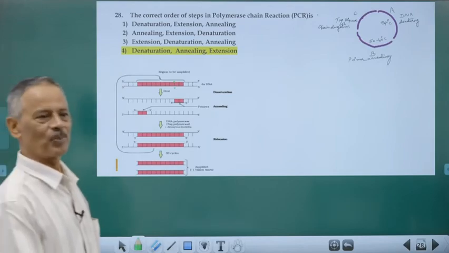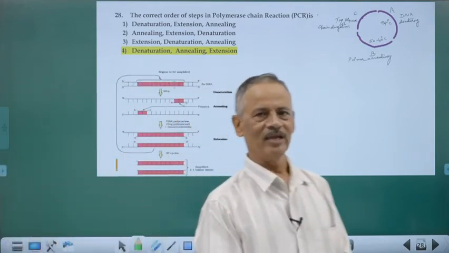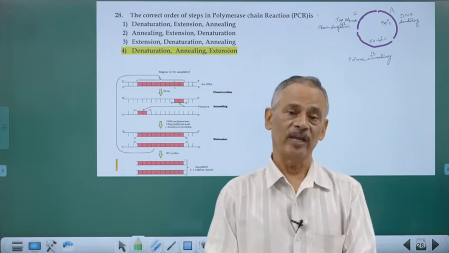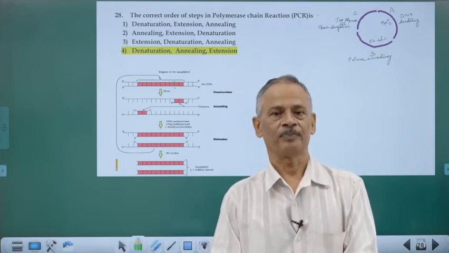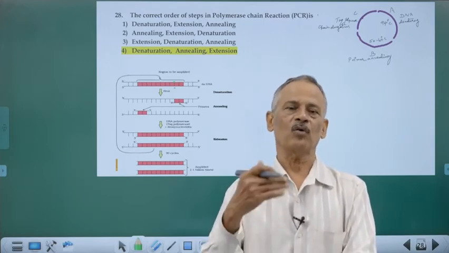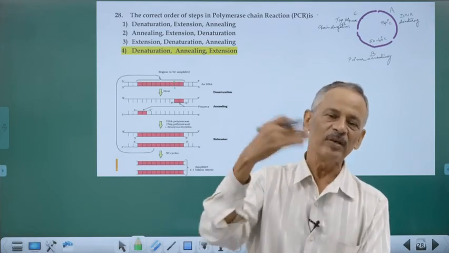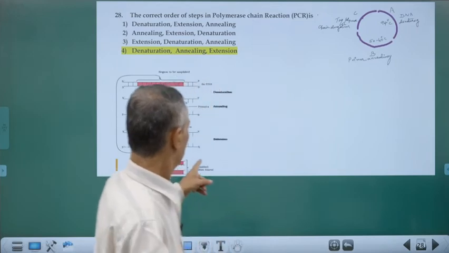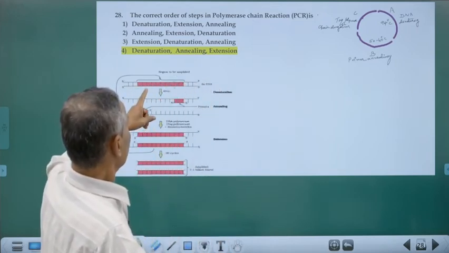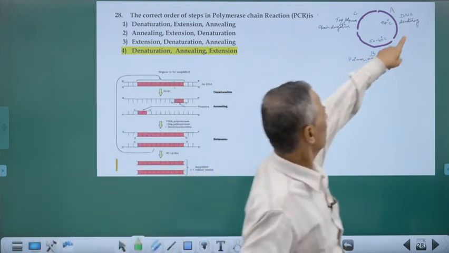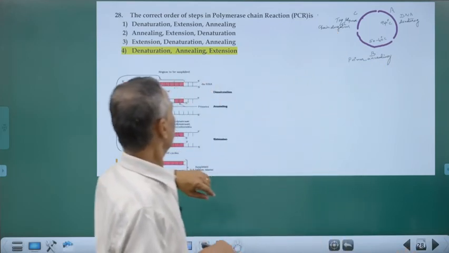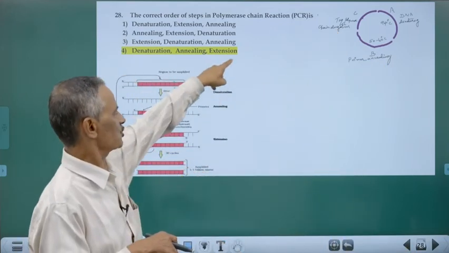They are multiplied in a logarithmic way. So 1 becomes 2, 2 becomes 4, 4 becomes 8, like that. In every cycle, the number is multiplied. So what are the 3 steps? We have denaturing, primer annealing, and chain elongation, which is called extension.